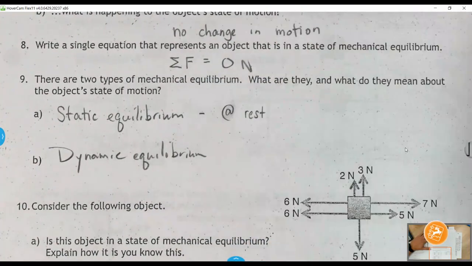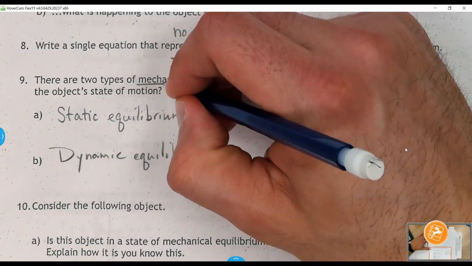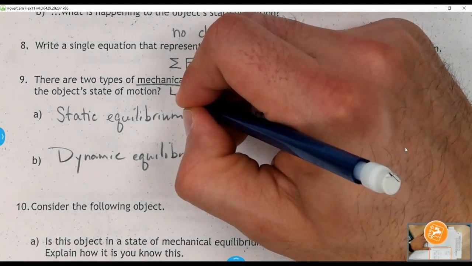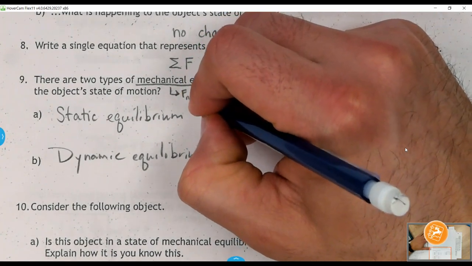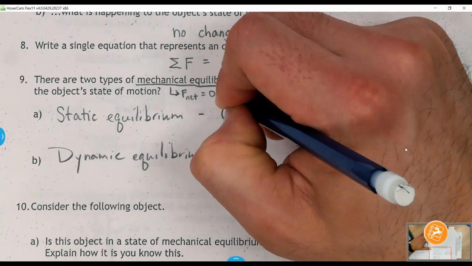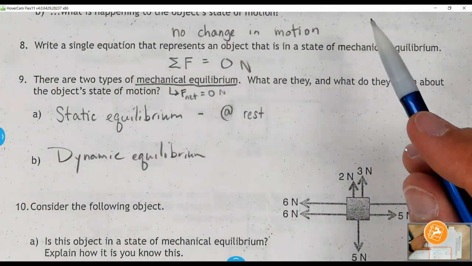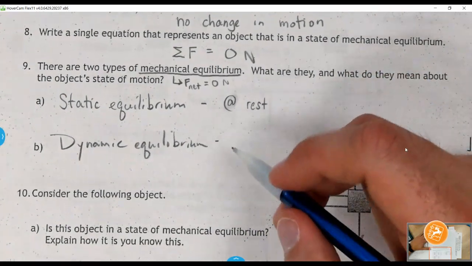Remember, mechanical equilibrium, what does that mean? F net has to equal 0. So that means you could be in static equilibrium, or you could be in dynamic equilibrium. What does dynamic equilibrium mean?